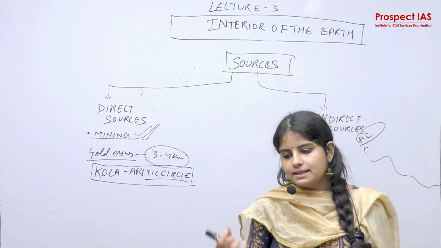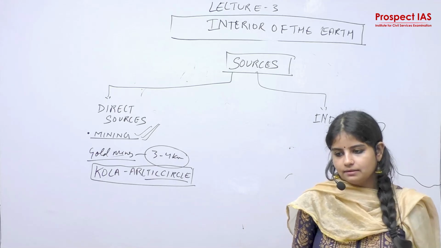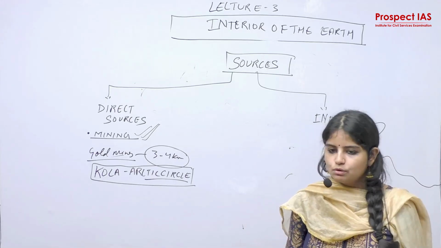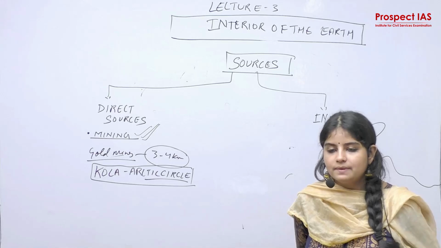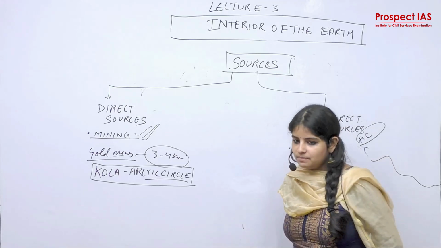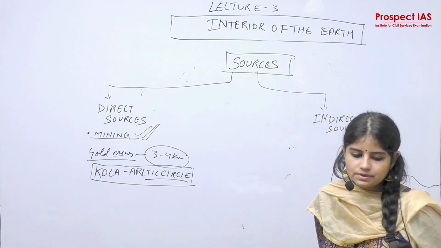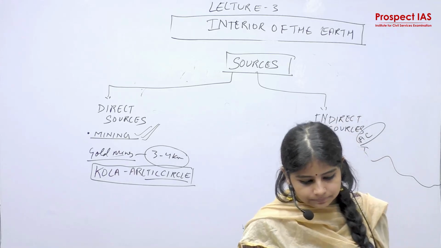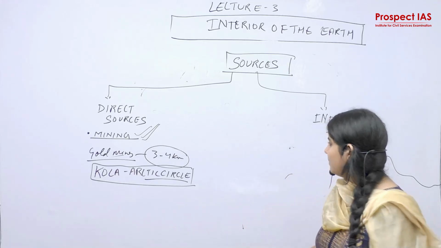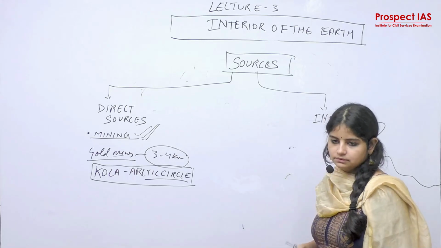So here you can give the example given by NCERT and GC Leong's book, Super Deep Borehole by USSR under the umbrella Deep Drilling Ocean Project and Integrated Ocean Drilling Project. Okay. So here you can make the map of Kola as well if you want to.